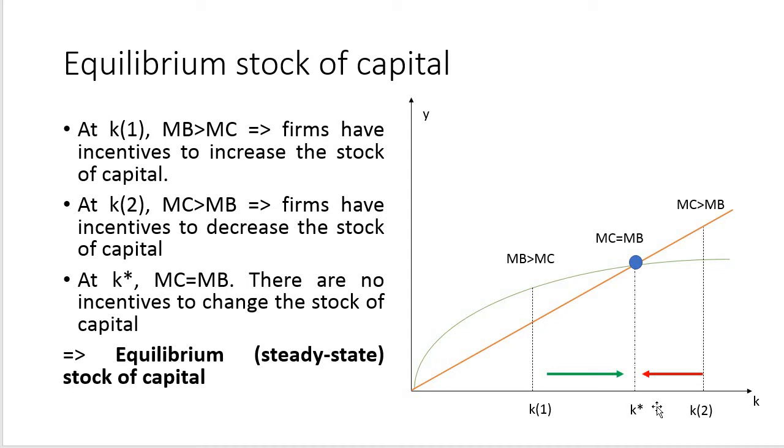So in this case, if there is no incentive to decrease or increase the stock of capital, the economy will be stuck at this point and we will have the same level of income. So after this point is achieved, there is no economic growth in per capita terms, and there is no economic growth in terms of gross national income, since we assume 0 increase in population size.